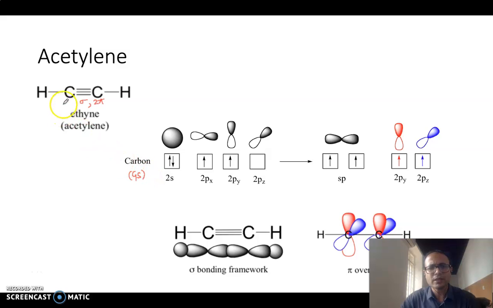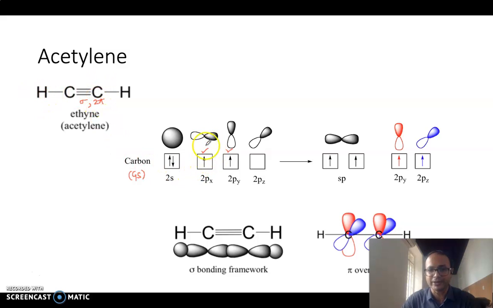So here this carbon is forming how many bonds? One bond with the hydrogen, another bond with the carbon. So it requires two unpaired electrons, and in the ground state we see exactly two unpaired electrons. So you might say that then we do not have any problem, and we can directly use these orbitals to form bonds with the hydrogen and the carbon atom.